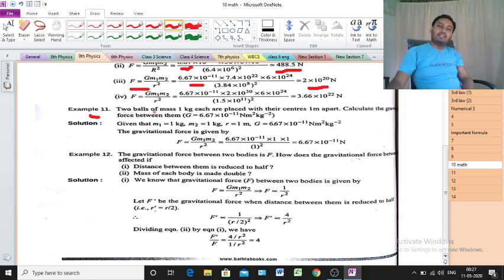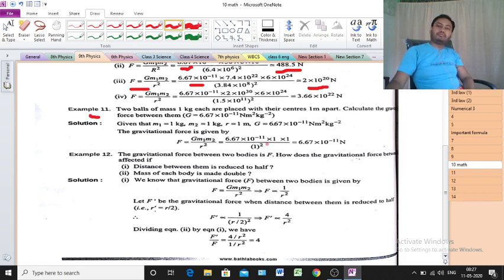Very simple, just put the values in F equal to G m1 m2 by r square. Put the value of G, 6.67 into 10 to the power minus 11, multiplied by m1, which is 1 kg, and m2 is also 1 kg, so 1 into 1, divided by the distance, which is 1 meter, so 1 square.